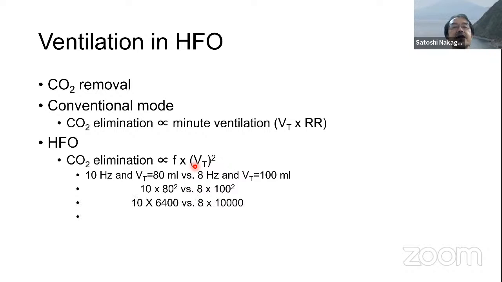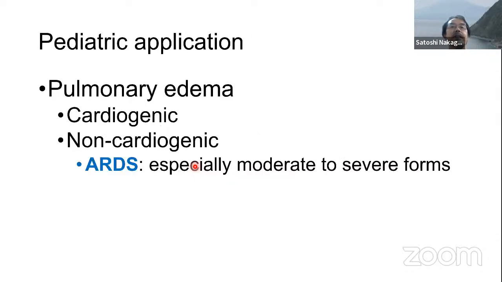Then further calculation, 8 Hertz and the tidal volume of 100 has the greater number of this equation. So tidal volume is important in terms of CO2 elimination. However, if you increase the tidal volume, this may not be beneficial in terms of lung protective mechanical ventilation. So this will be discussed later on in this talk.